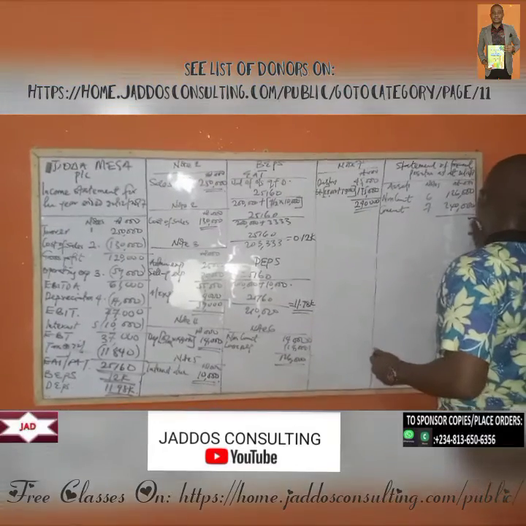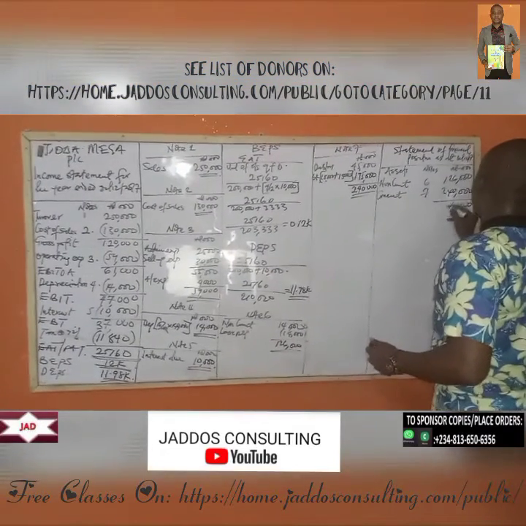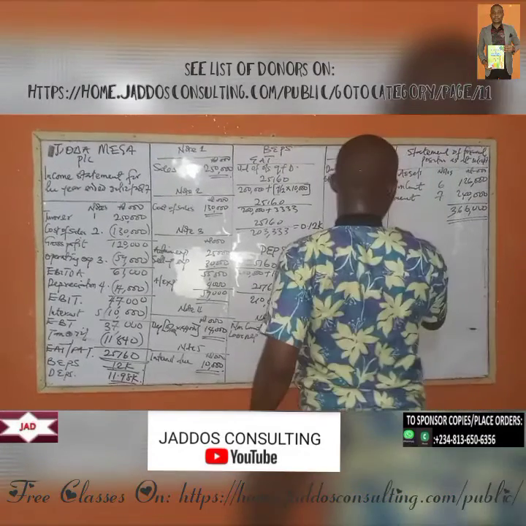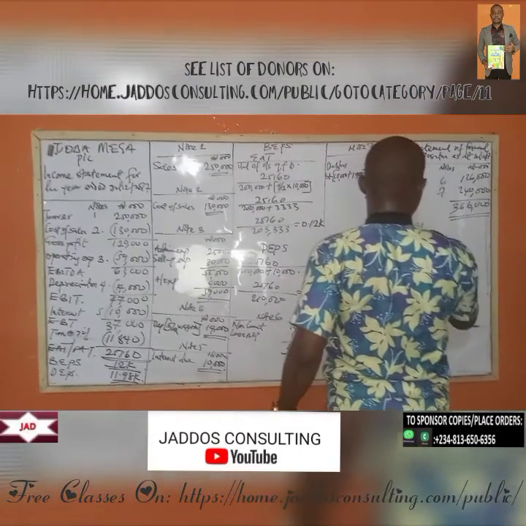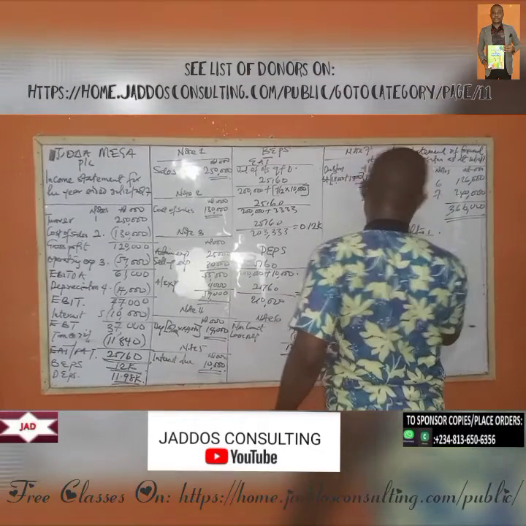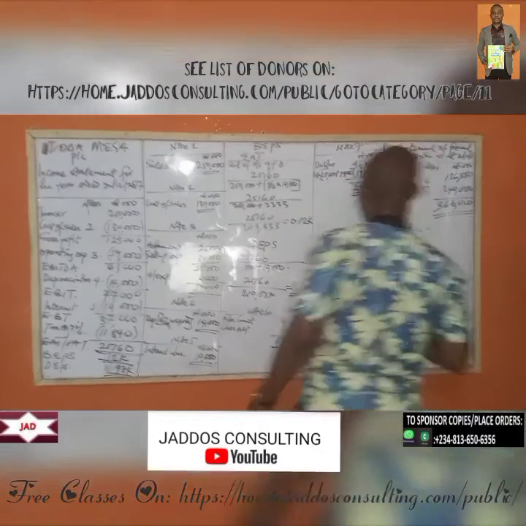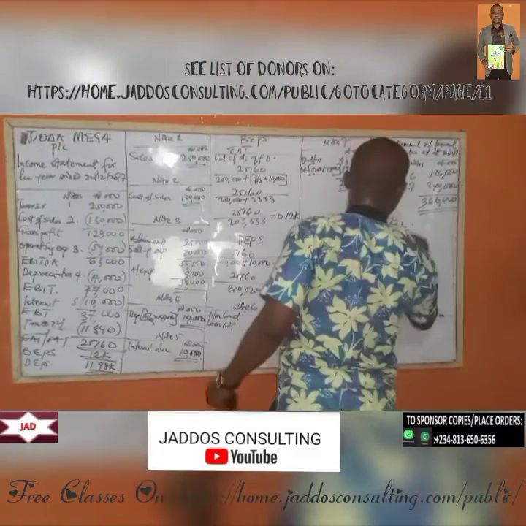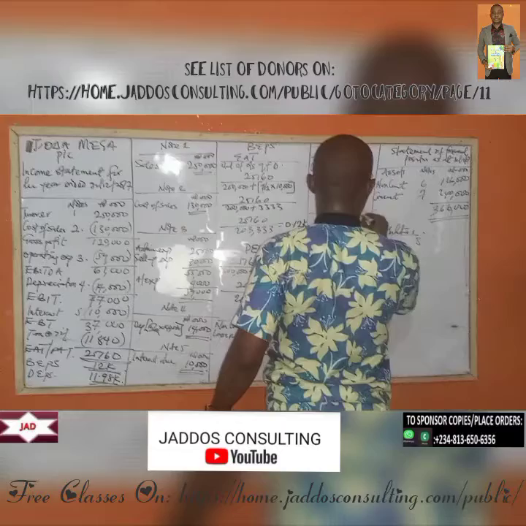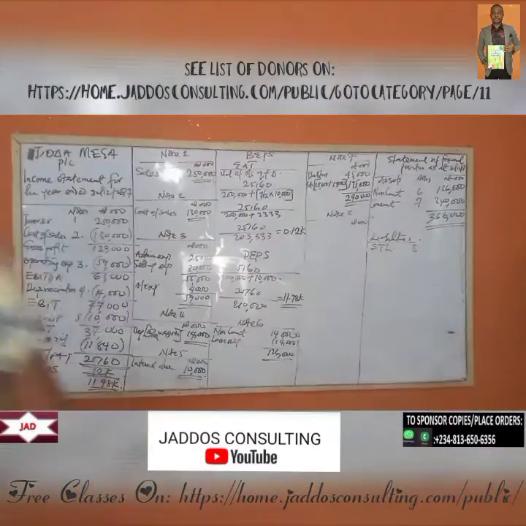You add this, and you have 366,000. So this is represented by what? Liabilities. So we have short-term liabilities. Let's call that note 8. So we have note 8.